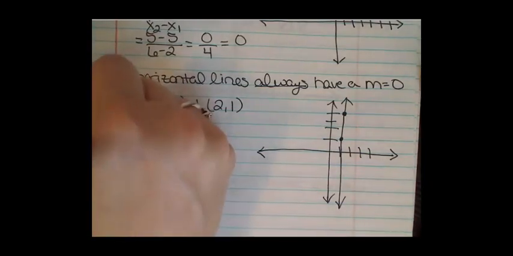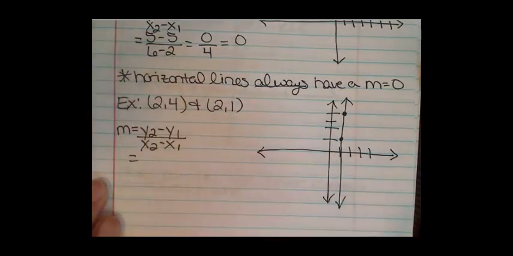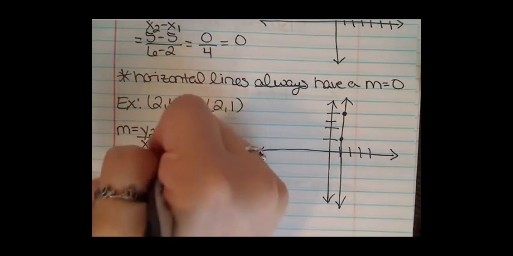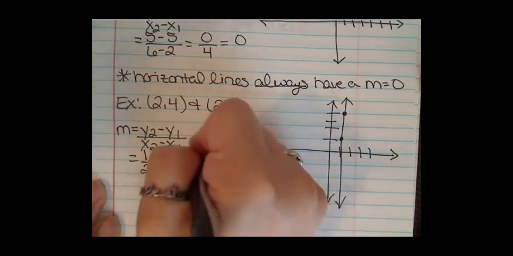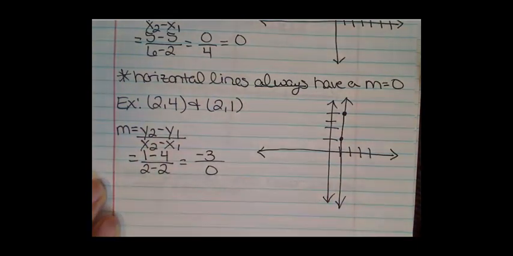Hopefully that's a little bit of a confusing question because it doesn't really make sense, and I will show you that. M equals y2 minus y1 over x2 minus x1. So our y2 is 1 minus our y1, which is 4. And then we have 2 minus 2 on bottom, so we have negative 3 divided by 0. And right there, hopefully, red flags go up.